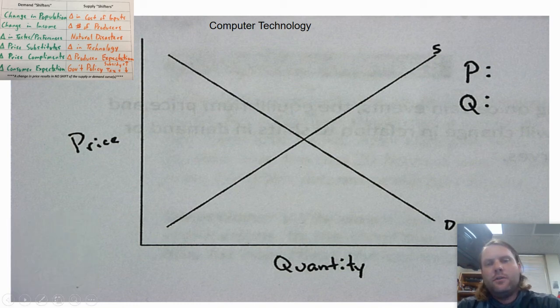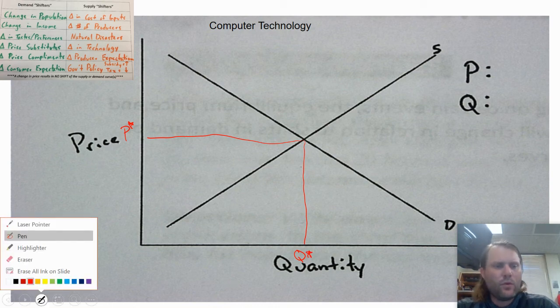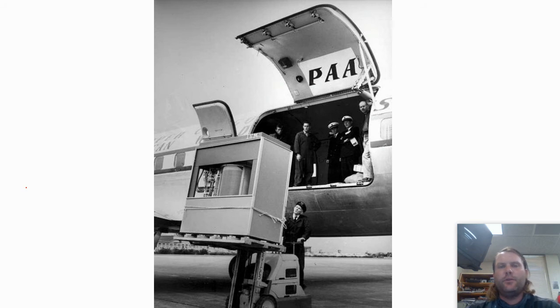So throughout our history, especially recent history, computer technology has increased extremely significantly, right? And if you're familiar with the evolution of computers, this is one of the first computers made right here. You can see how big it is, and I think it had the storage capacity of like 500 kilobytes, while your phone holds probably 64 or 128 gigabytes.